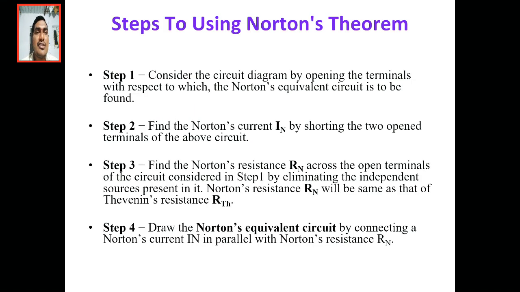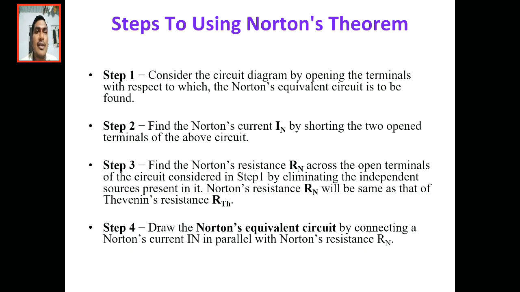So what are the steps involved to solve networks by using Norton's theorem? First we have to follow these steps. Step 1: as in Thevenin's theorem, open the element where we have to find the current.